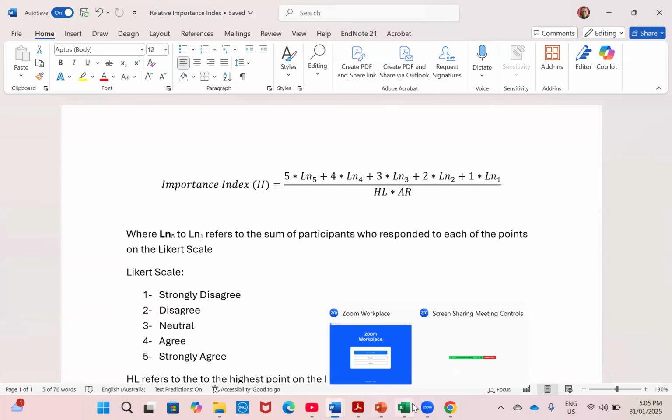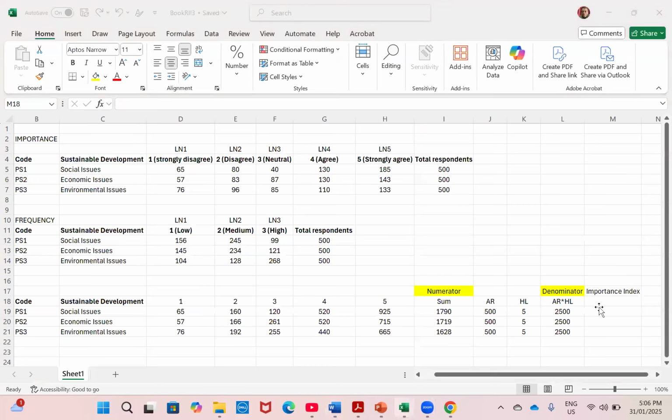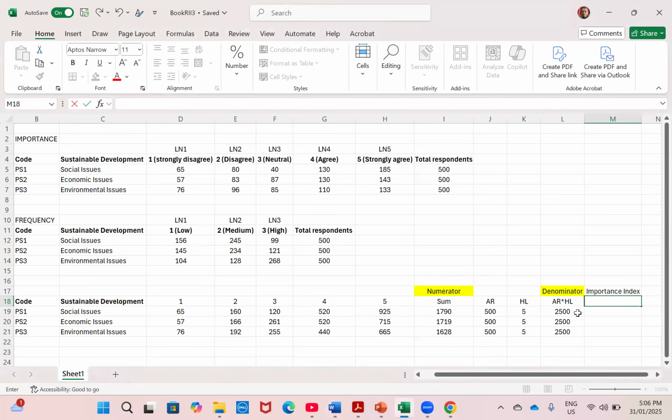In other words, the numerator divided by the denominator. So that is going to be this divided by that, right? And then you just scroll it down, and that will give you it.